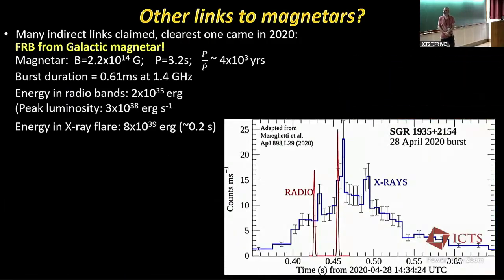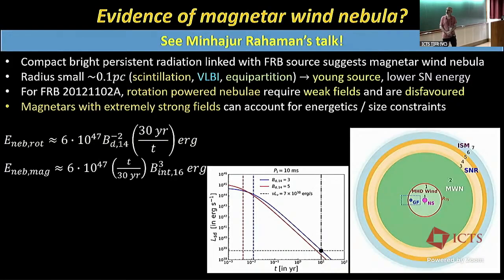But really what I want to emphasize here today is one more link to magnetars, which has to do with magnetar wind nebulae. So this will be the topic of the next talk given by Minu, and he will discuss this model in detail. But the idea here is that in the few cases where we have an association with a persistent radio source, this is very constraining in terms of the underlying physical picture.